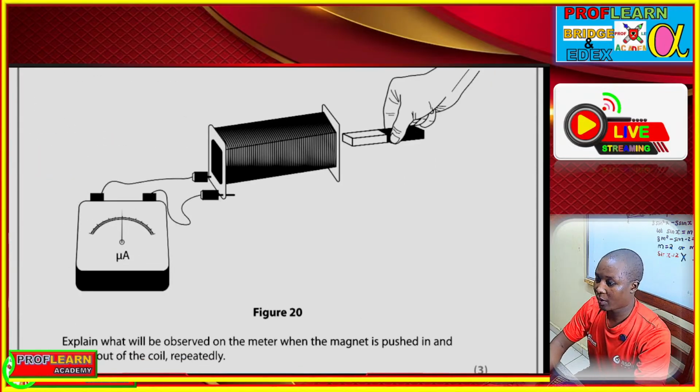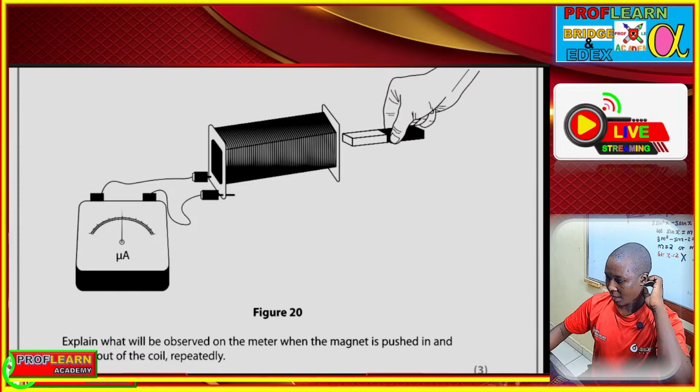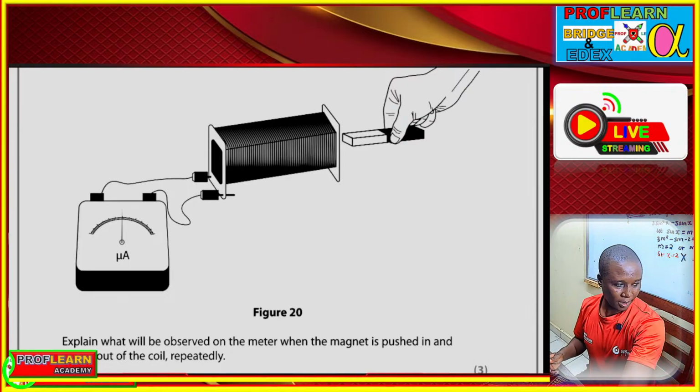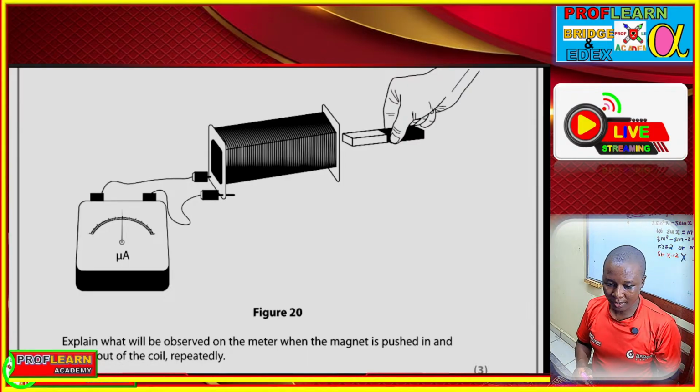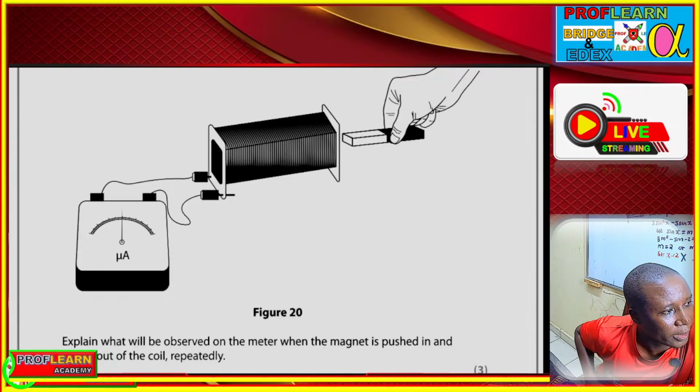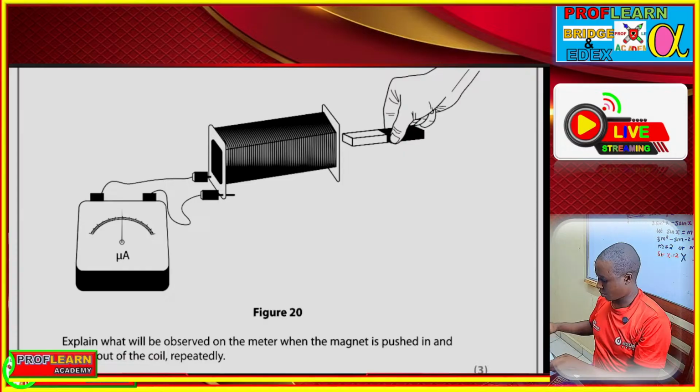And the first question that I was looking at here, before my audio developed that issue, I was saying that if you have a magnet, and then you also have a coil. Let me just get a paper so that I can illustrate exactly what we are trying to say here.